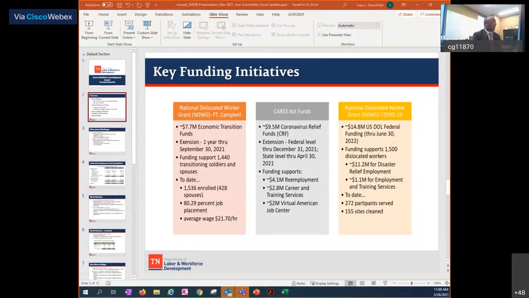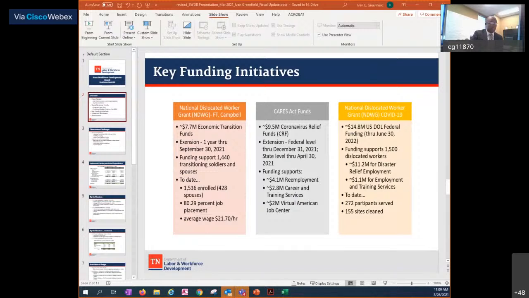We had that award extended this year, and we're able to up the number of enrolls and actually exceed the budgeted 1,440 that you see there to 1,536 enrolled, with 428 of those being spouses that were supported. There's a plus 80% job placement rate on that for those individuals, and the average hourly wage there is $21.70. So it's a very good initiative there.